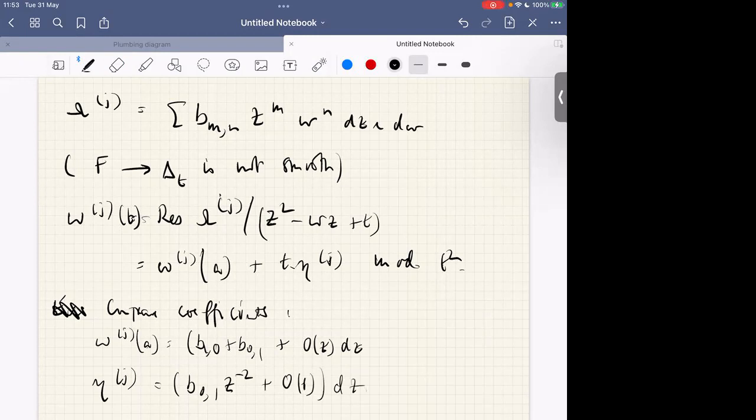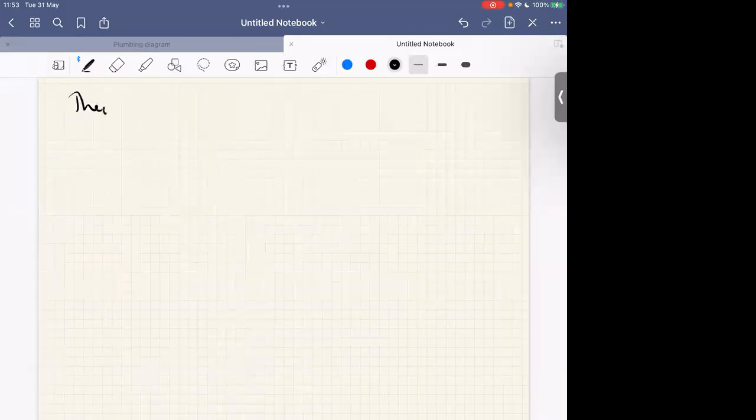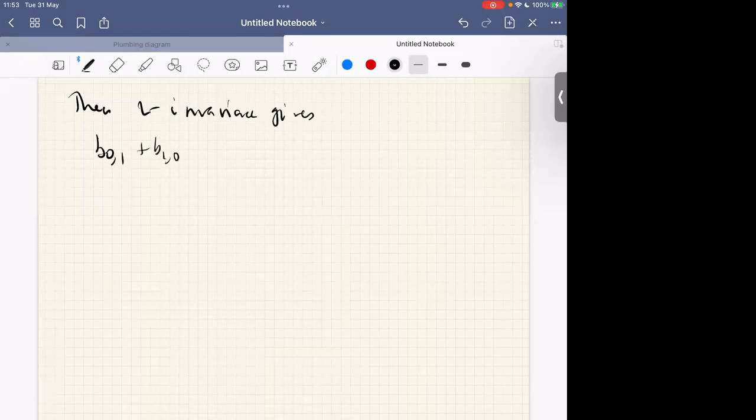But we're not in a position to compare the coefficients yet, because at the moment we don't have any further constraint on these things. But then iota invariance gives B10 is equal to minus B01.